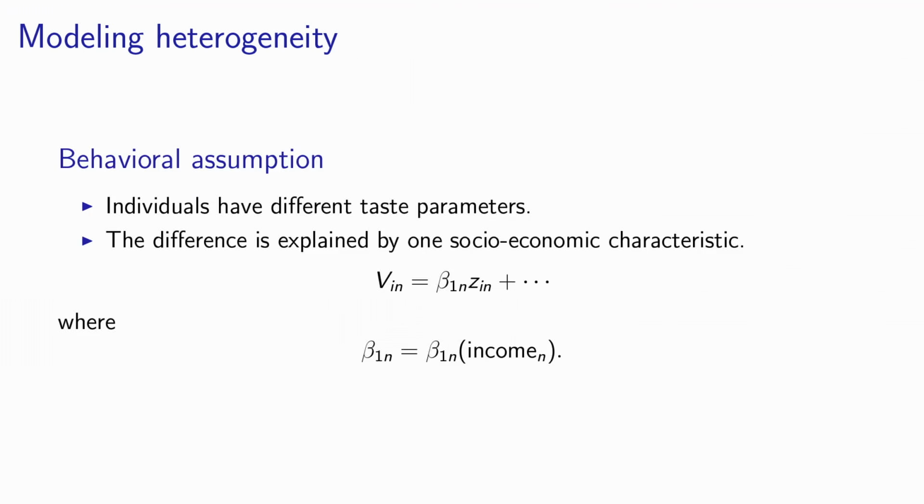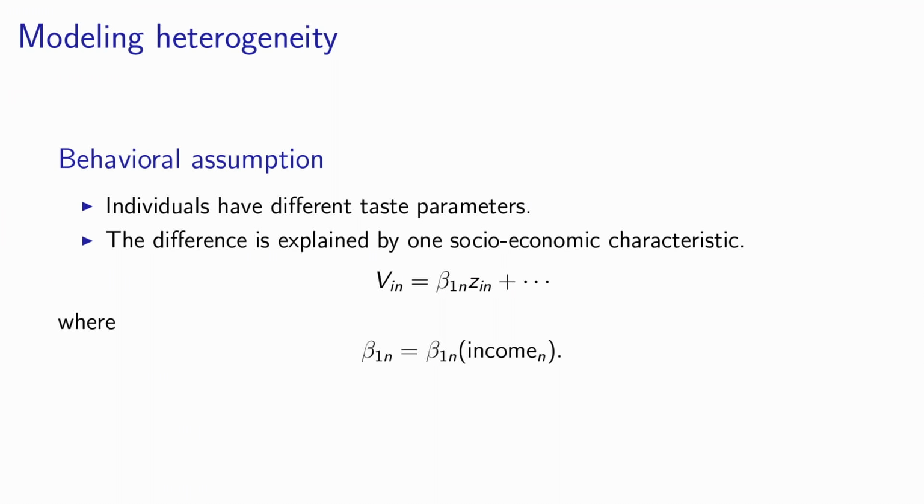So I write my utility function Vin. The difference between what I did before and this specification is that I have included an index n to the coefficient. So by doing this, I say this beta 1n, which captures the impact of a variable zin on the utility, will vary across people. Now the question is, how does it vary?